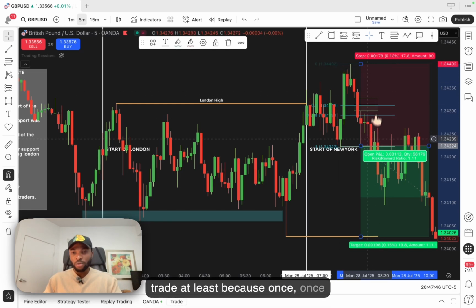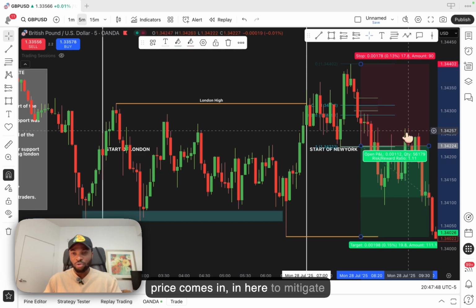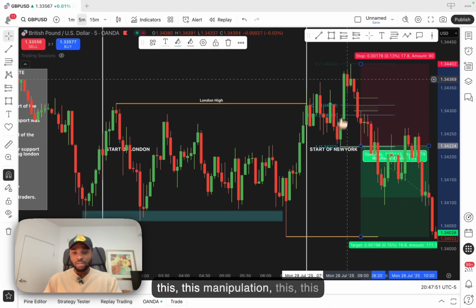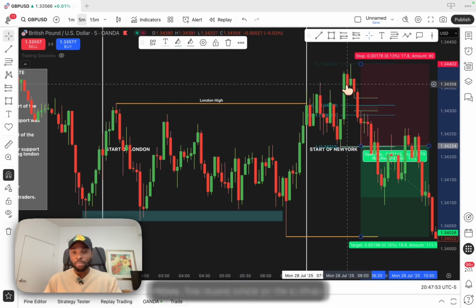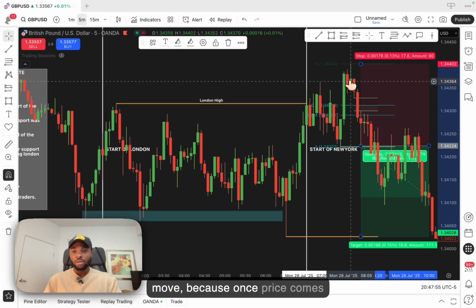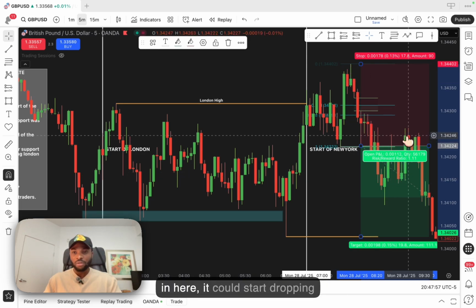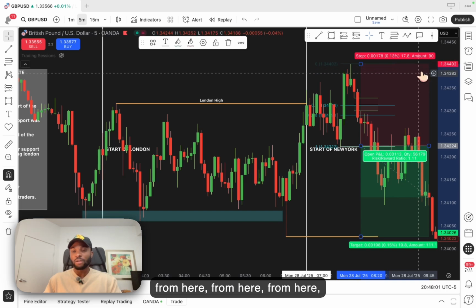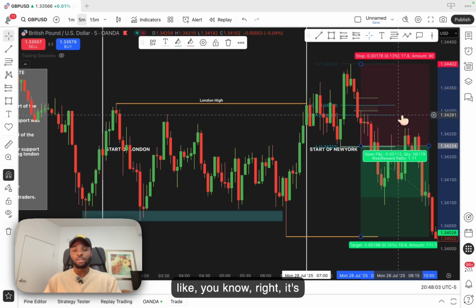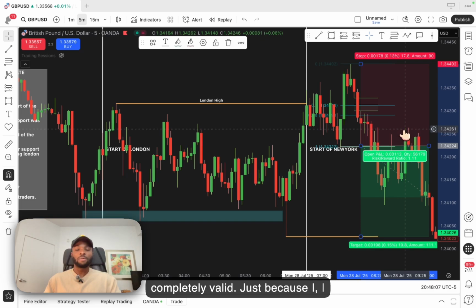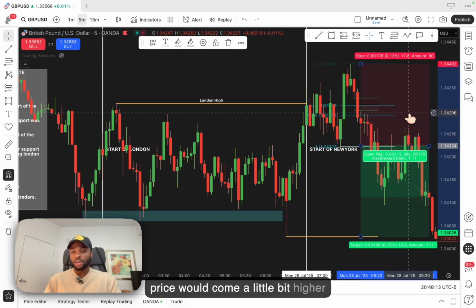Because once price comes in here to mitigate this manipulation, it could start dropping from here. It's completely valid. I'm just kind of on the conservative side. I expect the price to come a little bit higher here and drop.